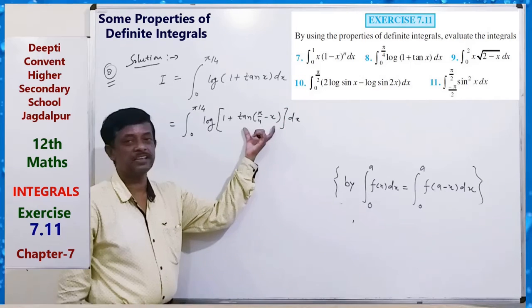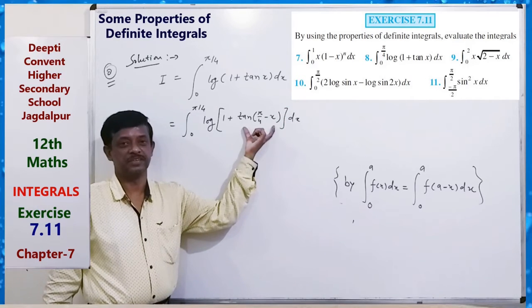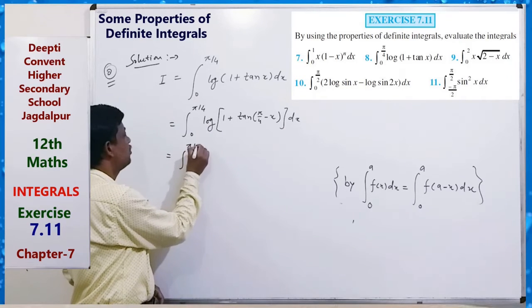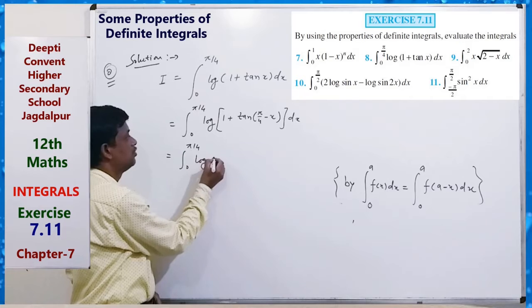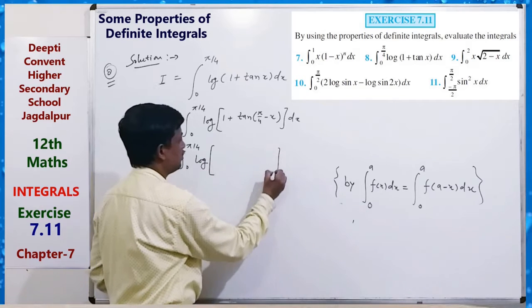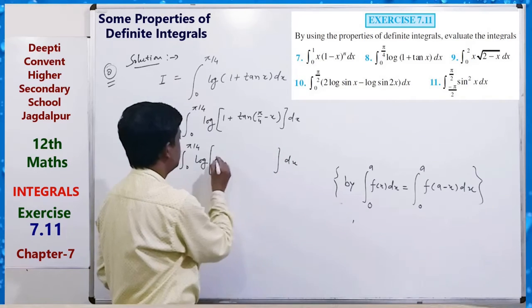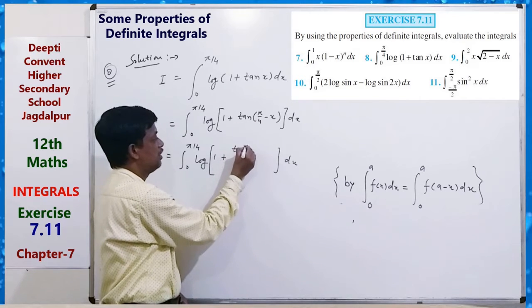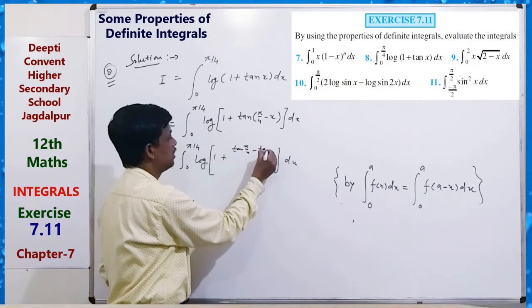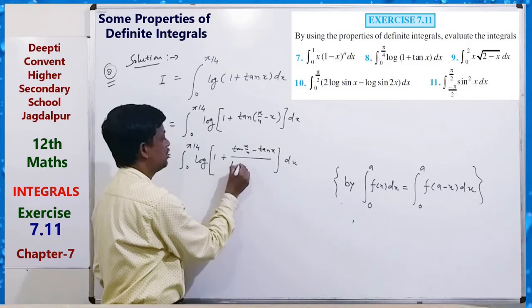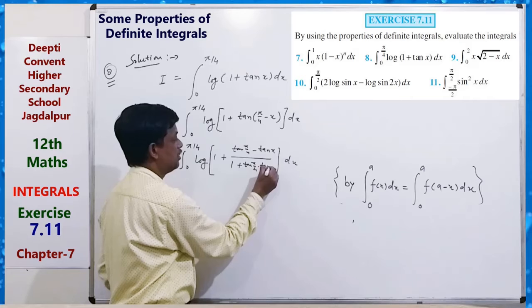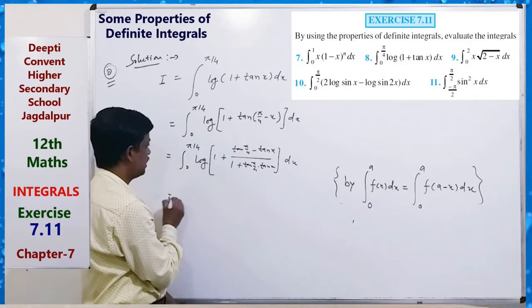Here tan(a minus b) is given by tan a minus tan b upon 1 plus tan a tan b, so we convert it: 1 plus (tan pi by 4 minus tan x) upon (1 plus tan pi by 4 tan x).